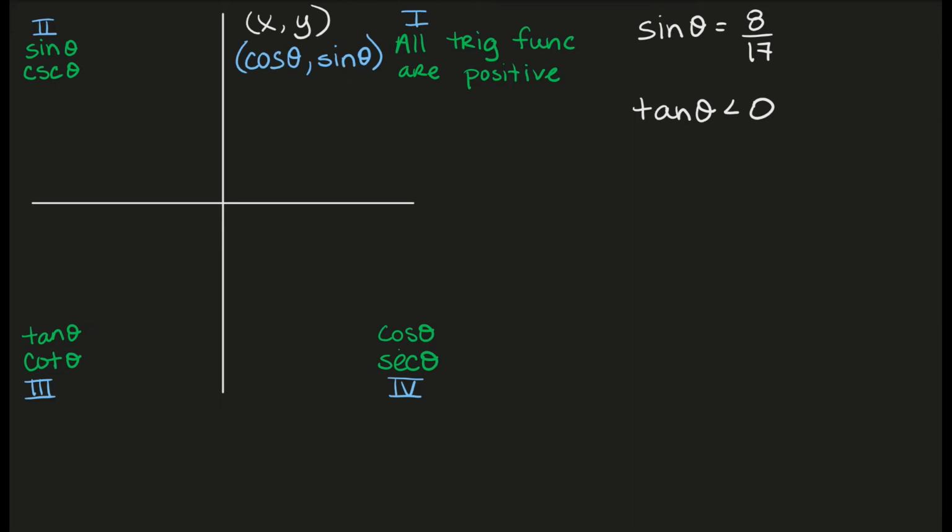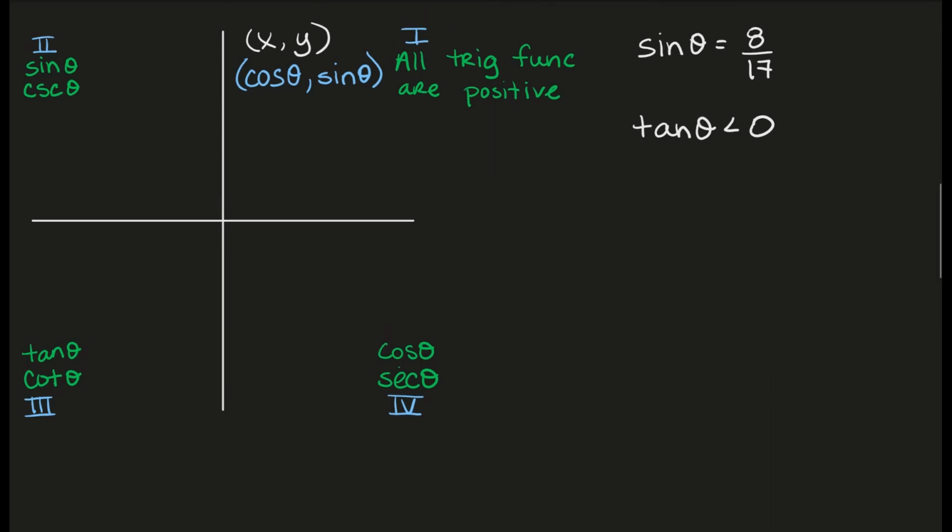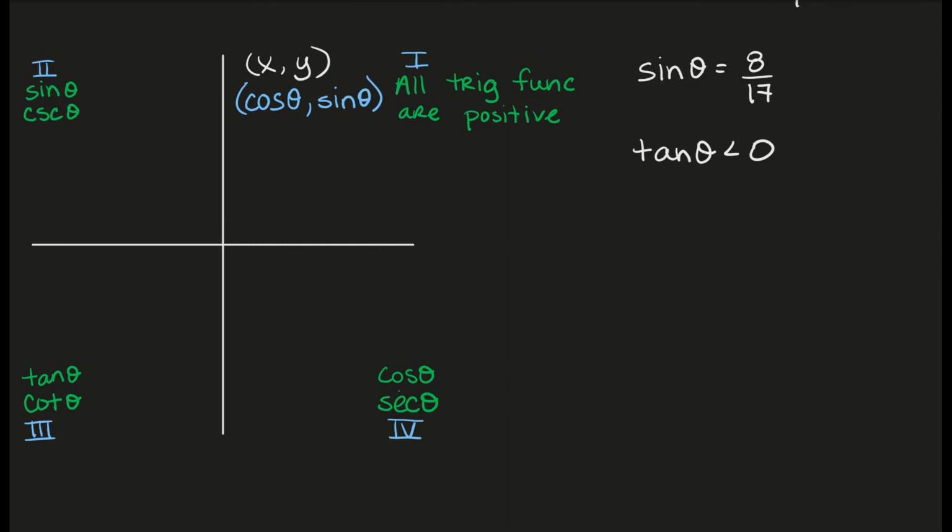Well, in quadrant 1, everything's positive, your sine values and your cosine values, because in quadrant 1, your x coordinates and your y coordinates are positive. You learned this back in middle school when you were learning to graph. So in quadrant 1, your x's are positive and your y's are positive.